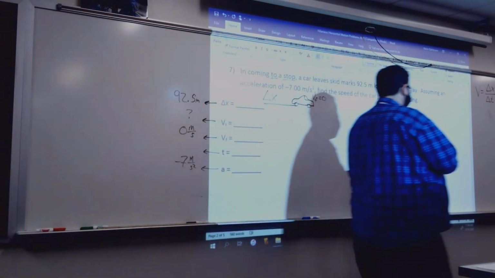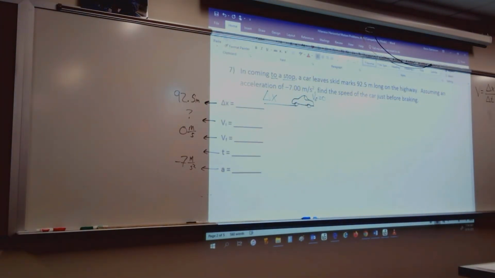So we go over to our equations. Take a look at what we have: delta x, trying to find VI, we have VF, we have A. Go ahead and raise your hand which equation would make sense for that. We're not given time, and we're not solving for time, but we have everything else here. When I say we have VI, it means we're solving for VI here.